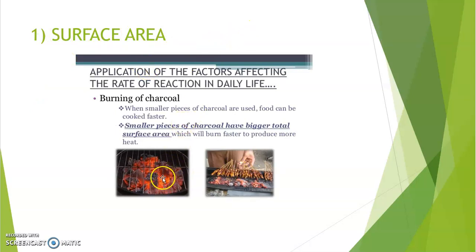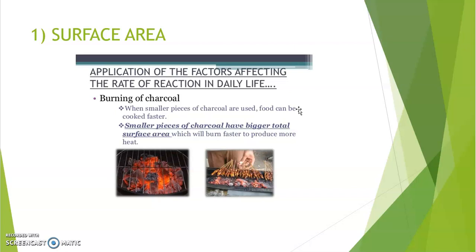Let's compare these two pictures. What's the difference between the two? One of them has smaller pieces of charcoal. When you have smaller pieces of charcoal, it means you have a larger surface area. Why? Because the small pieces can be exposed from all the sides, all around.